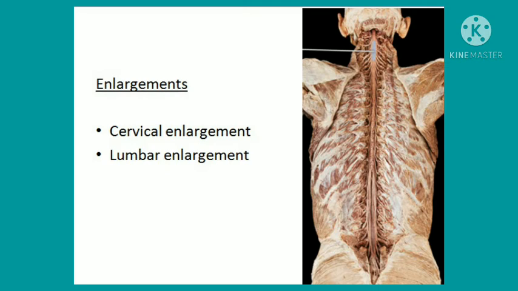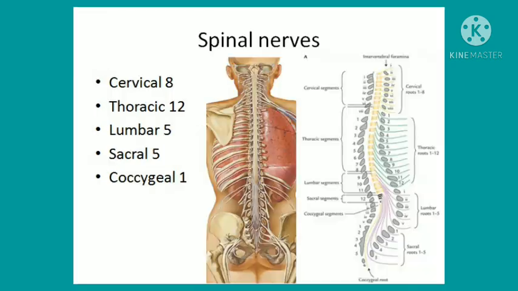The cervical enlargement extends from C5 to T1 spinal segments, whereas the lumbar enlargement extends from L2 to S3 spinal segments.